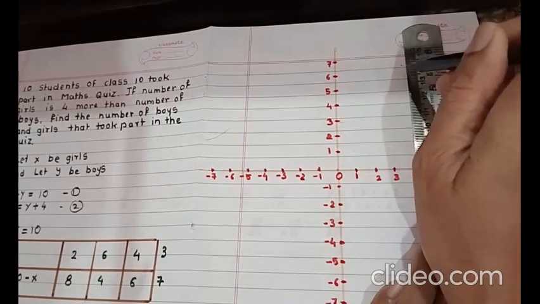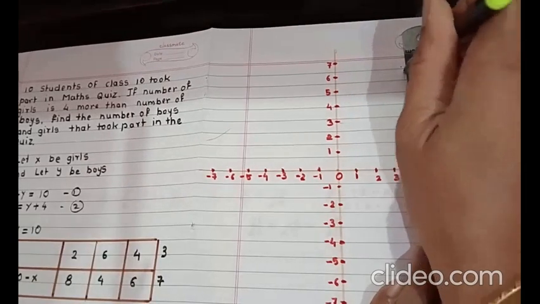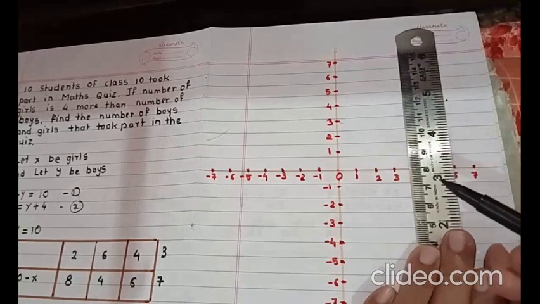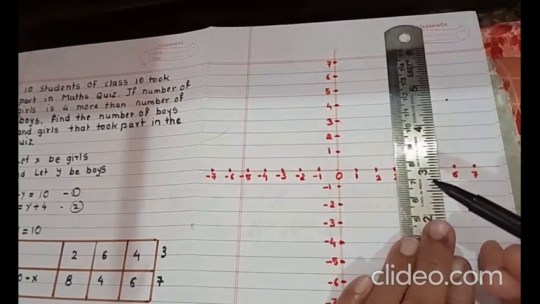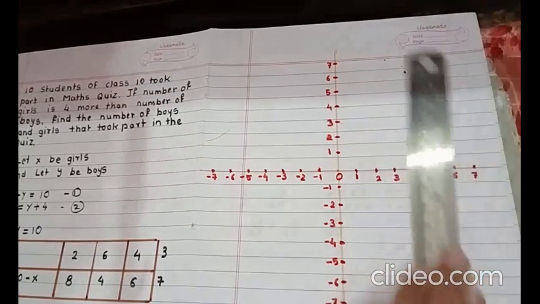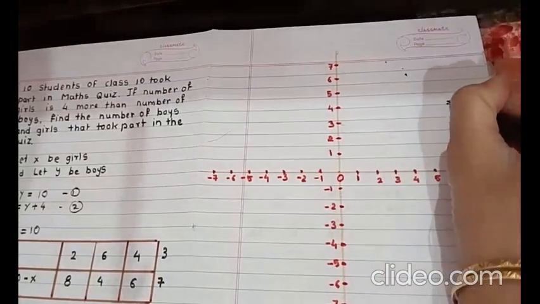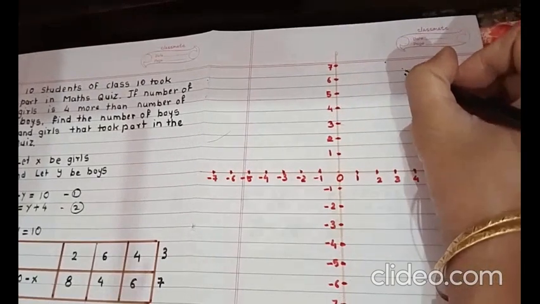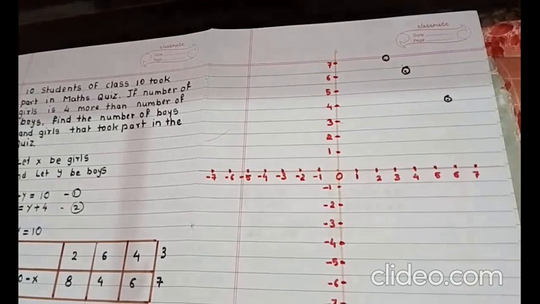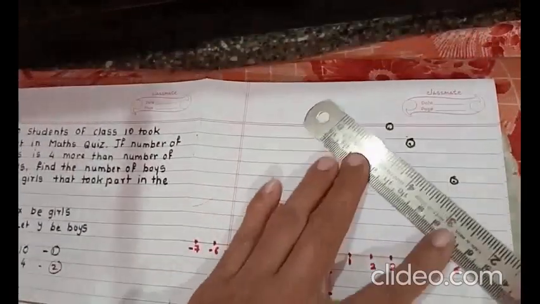I have to find out the point. Then 3, x-axis 3 and y 7. So I will make this point here. So I get here 3 points, and I will make a line by joining these points.